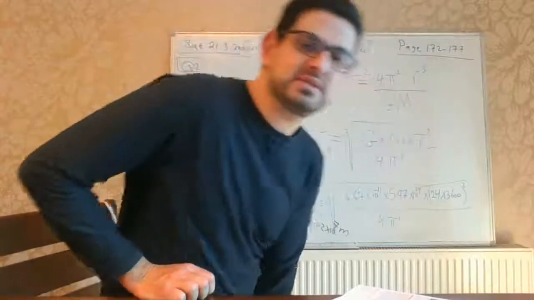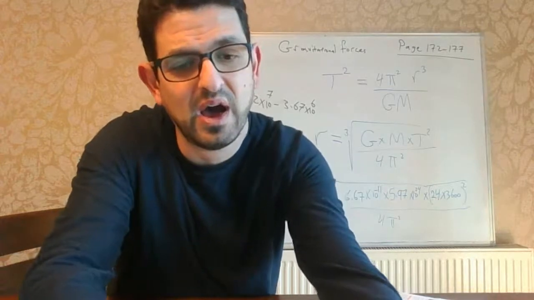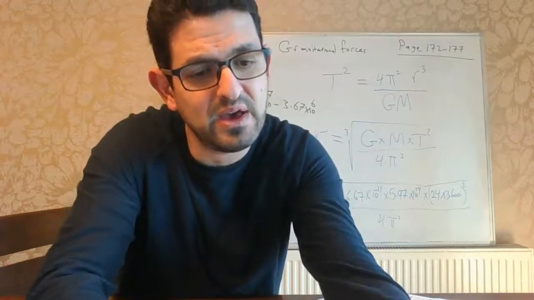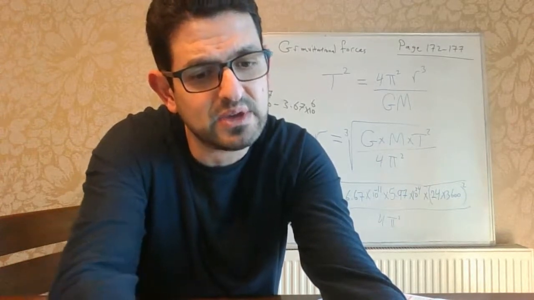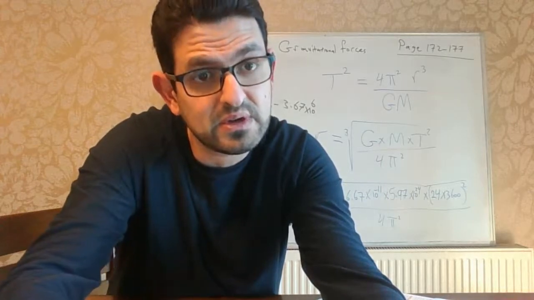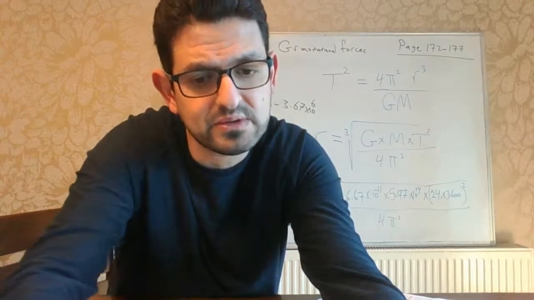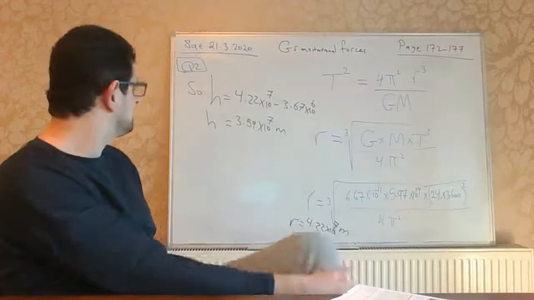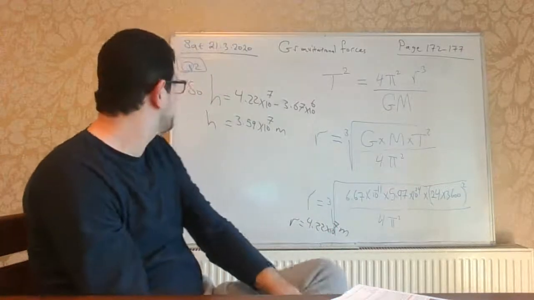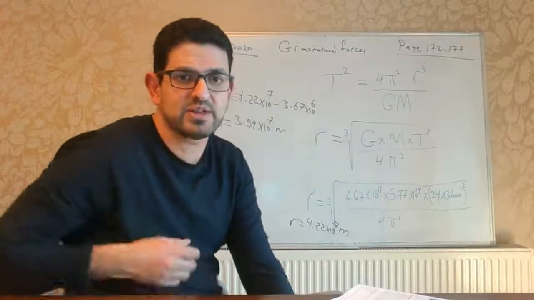Let me check if this number is right from Google. How high is a geostationary satellite? Yes, very close. They wrote 3.58, we wrote 3.59. This means our question has a bit of rounding. Yes.